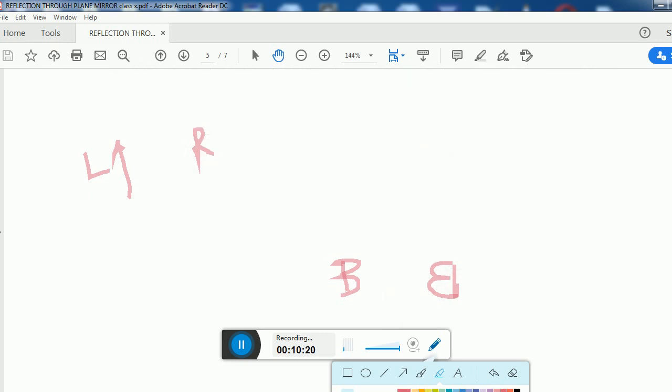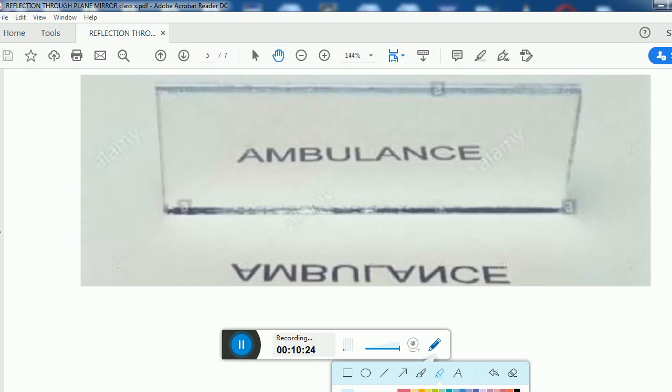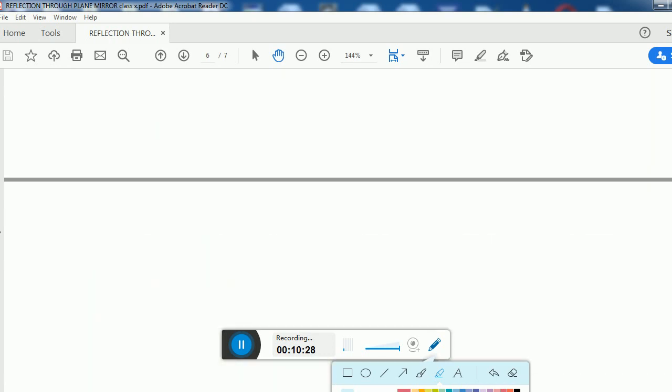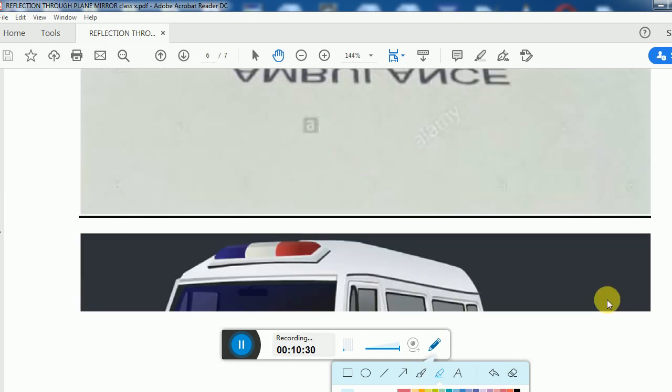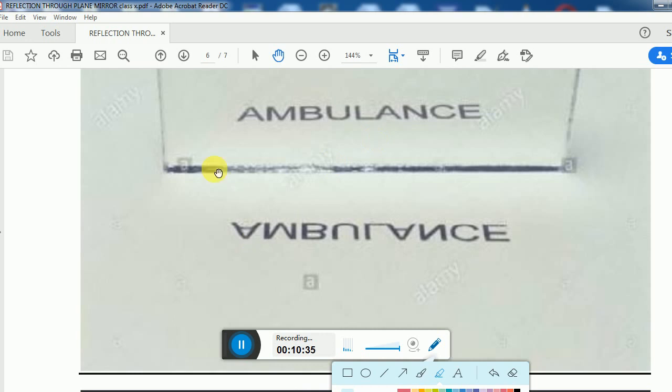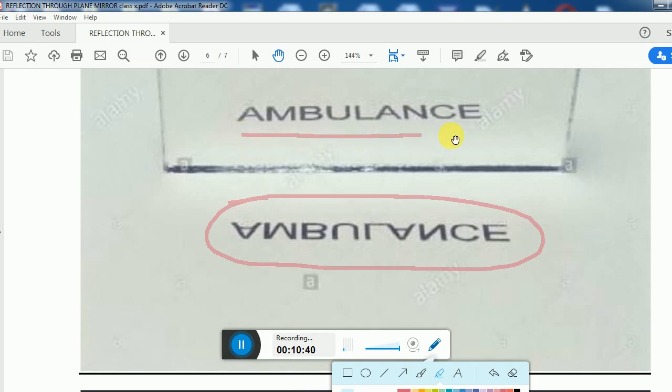Next are some examples of lateral inversion. Some pictures are there, I'll show you. See here, ambulance. Normally it is written in this way in front of the ambulance. After reflection, you see it is written in this way, so that you can read it very easily.